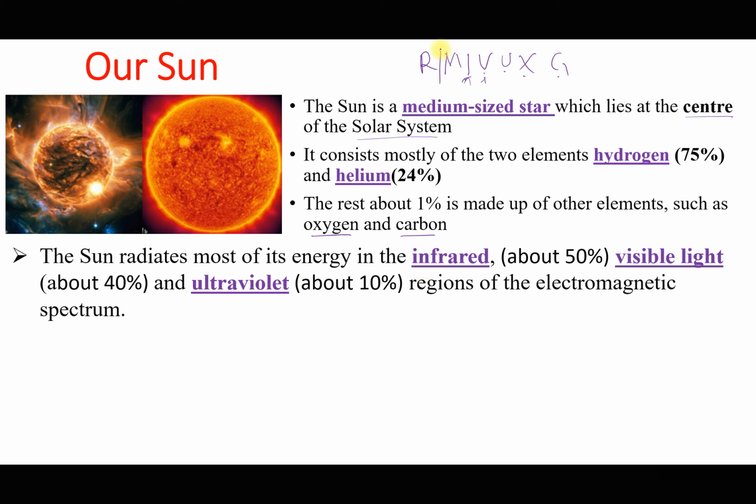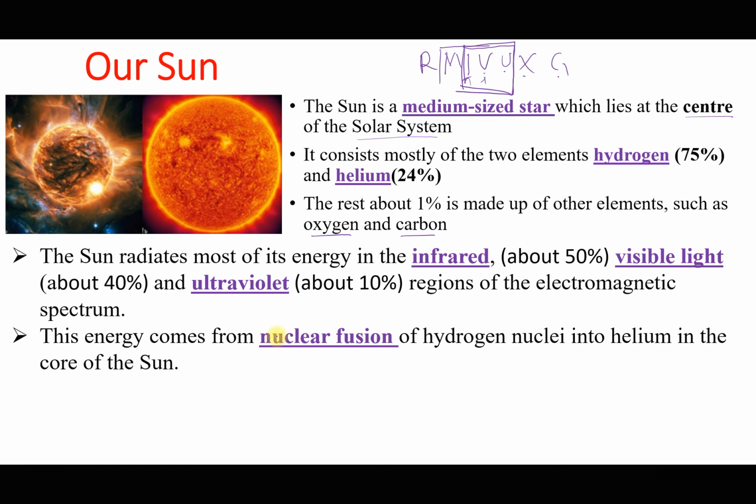Basically, the sun bathes us with this range of radiations: infrared, visible, and ultraviolet regions of the electromagnetic spectrum. And this energy comes from what we call nuclear fusion. Nuclear fusion reactions, or nuclear reactions of hydrogen nuclei, combine to form helium in the core of the sun.